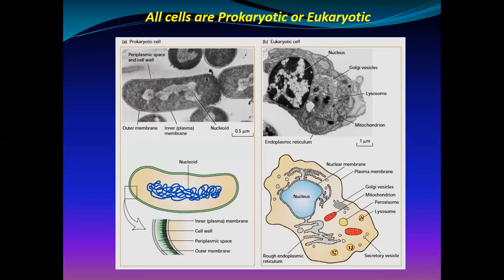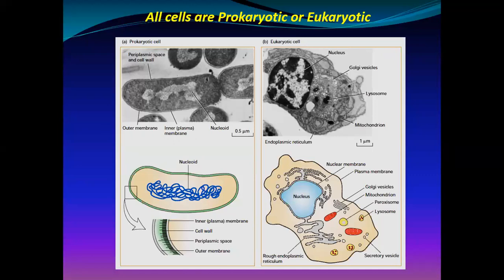So now we can see basically cells can be divided into two categories. One is the prokaryotic cell and the other the eukaryotic cell, right? The electron microscope appearance of a prokaryotic cell is shown at the top, and the eukaryotic cell is shown on your right hand side.